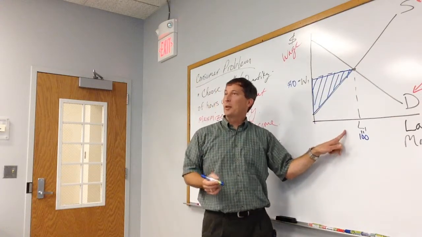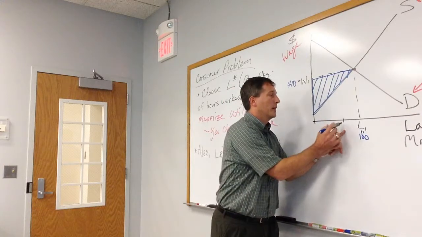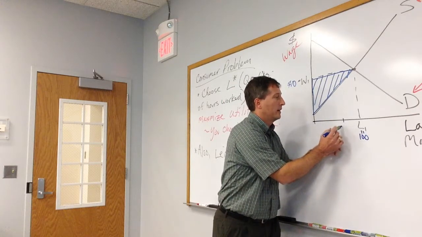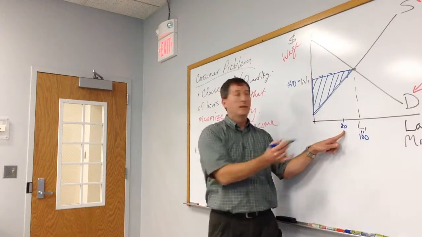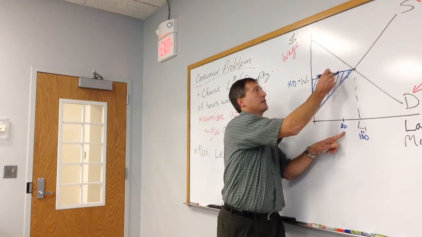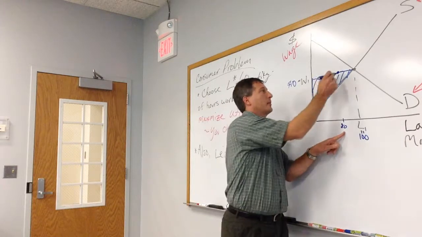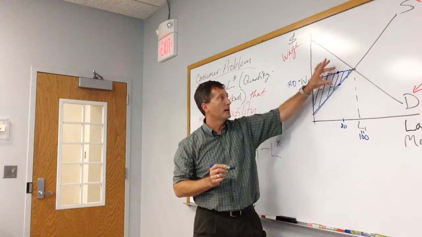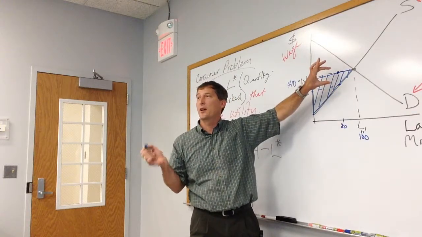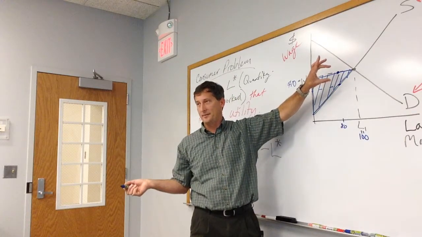But there were other people out there that were willing to work for less. So the 80th worker is getting paid $10, but they would have been willing to work for $8. And so they are enjoying this surplus that we call economic rent.